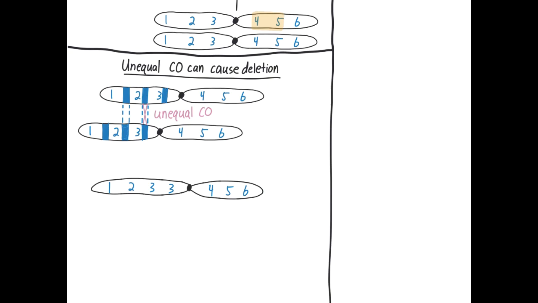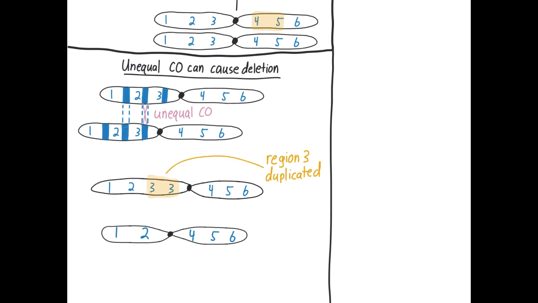And the other chromosome will be 1, 2, centromere, 4, 5, 6. So we see that region 3 is duplicated, while in the other chromosome, region 3 has been deleted.